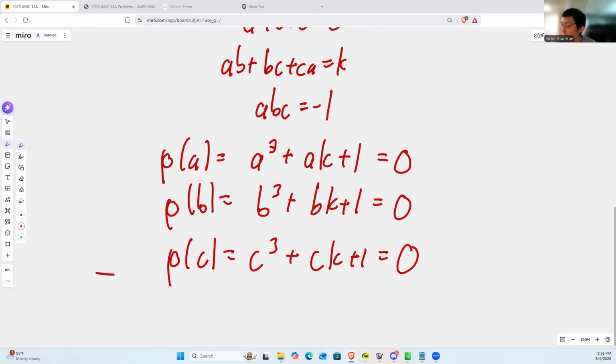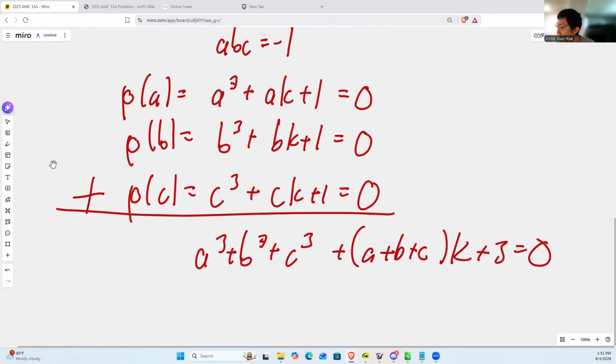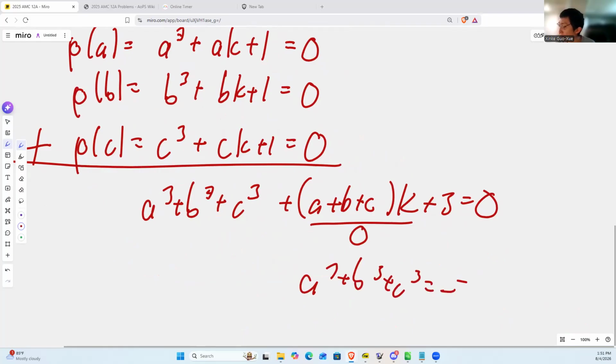So let's add these together. We factor out the a plus b plus c from the fourth, fifth, and sixth terms. But by Vieta's, this is just 0. So a cubed plus b cubed plus c cubed is -3.